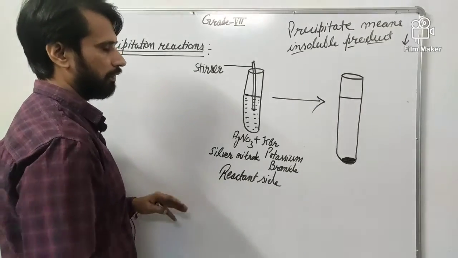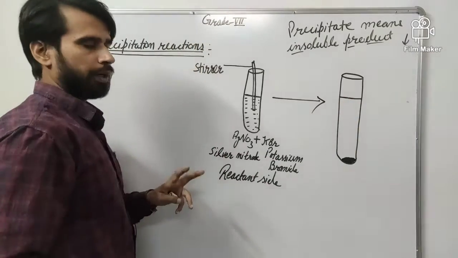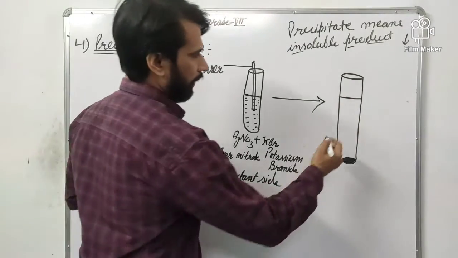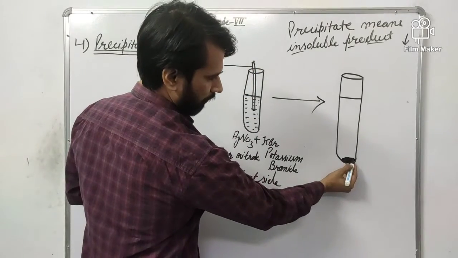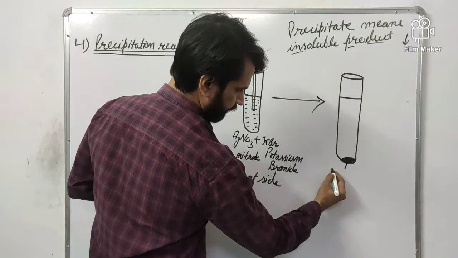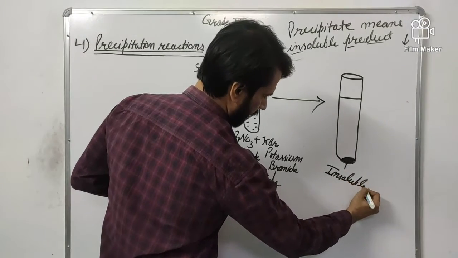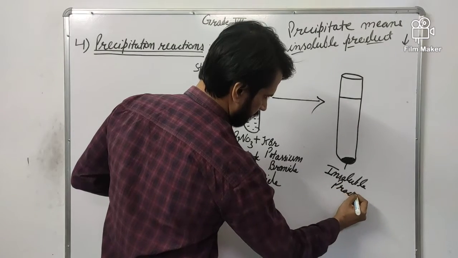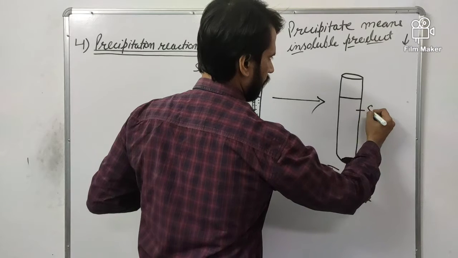Then after some time there is a formation of two new products. One is in clear solution form and the second is the insoluble product. And this is the soluble product.